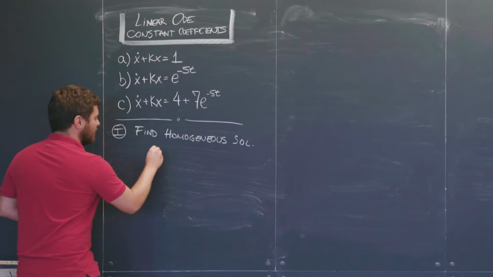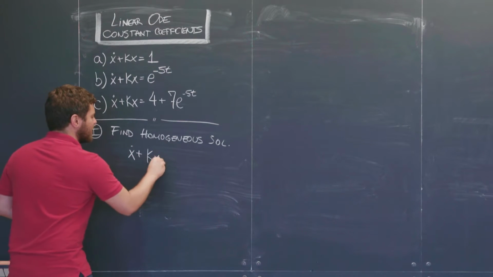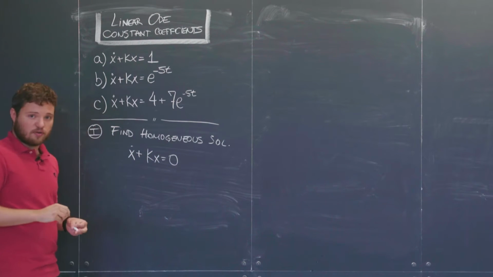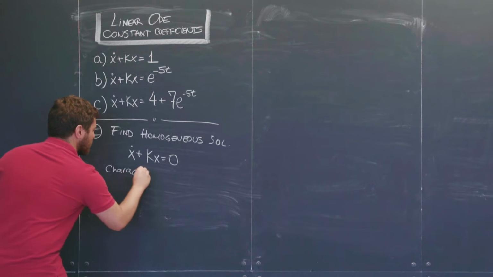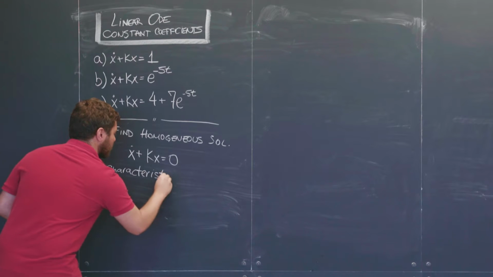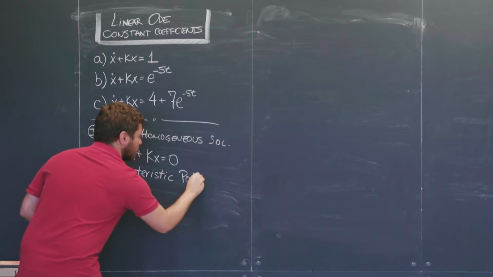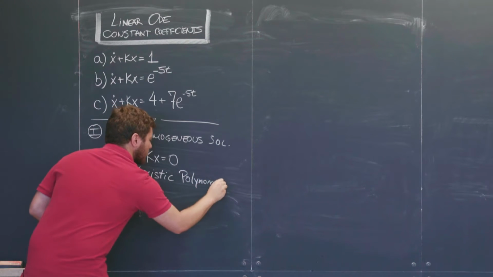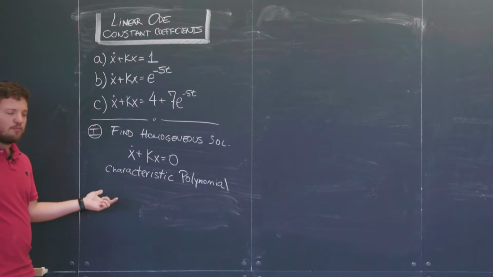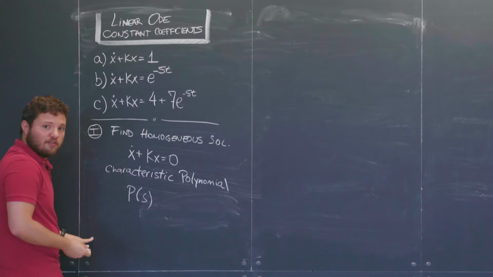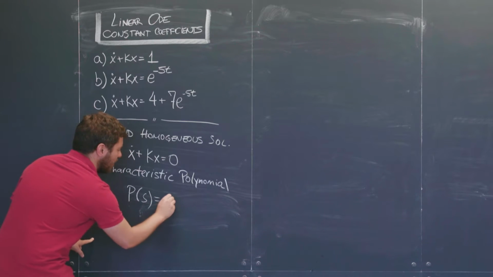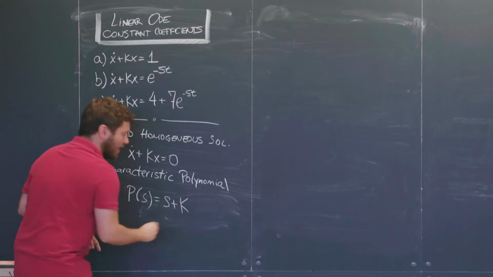So let's do that. x dot plus kx is equal to 0. We're going to use the characteristic polynomial. The characteristic polynomial of this equation is denoted by p of s, and is equal to s plus k.